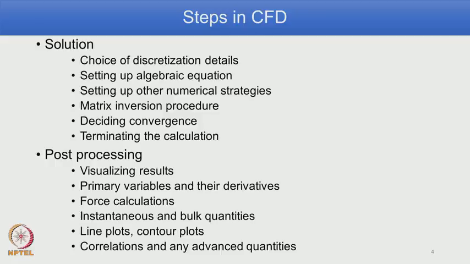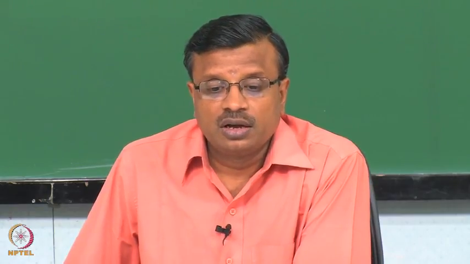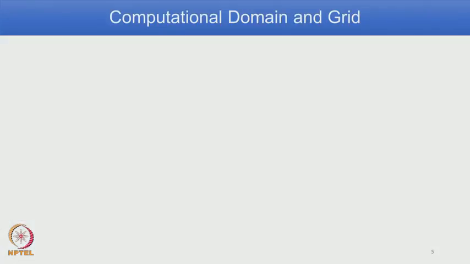We understand there are 3 main stages: pre-processing, solution and post processing. In this course we are going to particularly look at sub topics in each of these 3 main stages. The first one is pre-processing.